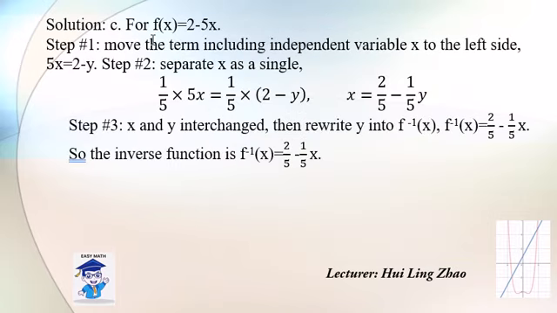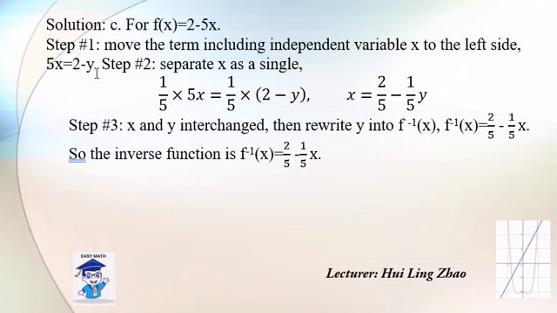Solution C. For f(x) equals 2 minus 5x, there are 3 steps to find the inverse relation. Step number 1, move the term containing the independent variable x to the left side. Get 5x equals 2 minus y. Step number 2, separate x as a single term. Multiply both sides by 1 over 5.